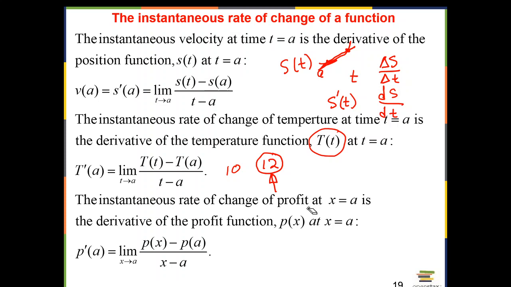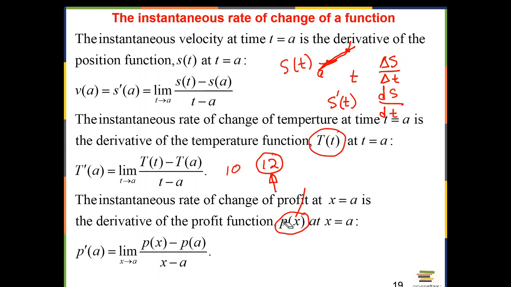Instantaneous rate of change of profit at x equals a. So if P of x gives the profit of selling x number of products, then P of x gives the profit at any given number of products sold.